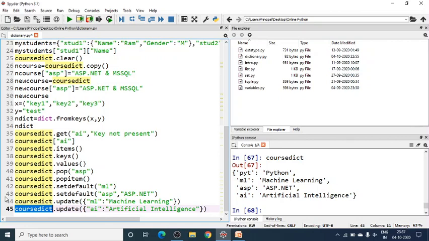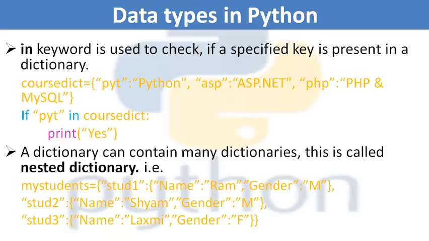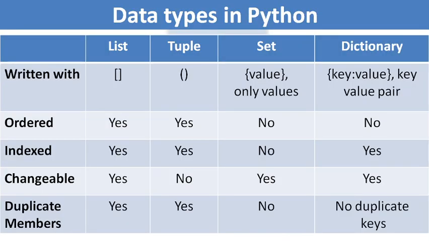So we have seen four data types: list, tuple, set, and dictionary, which are collection of items. Now get back to the presentation to see the comparison among these data types at a glance. So these are the data types which are collection of items in Python.